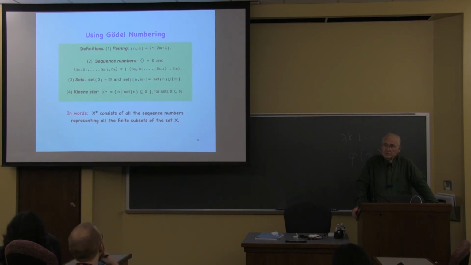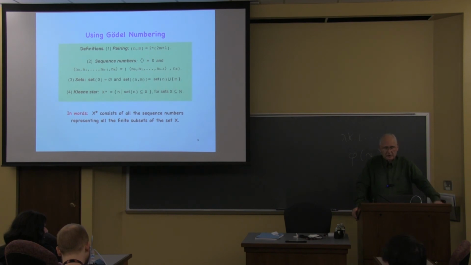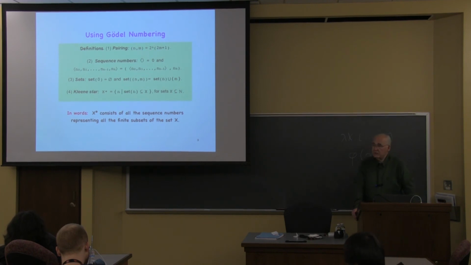Well, the trick is, just as Gödel showed us in his original incompleteness proof, integers and integer arithmetic can mimic any kind of complicated syntax. Integers can be code numbers for complex structures, finite structures, of course. Okay, so I'm going to do a little bit of Gödel numbering there. The first one says a pair of integers can be immediately represented by a single integer just by saying, well, every integer can be factored into prime factors.